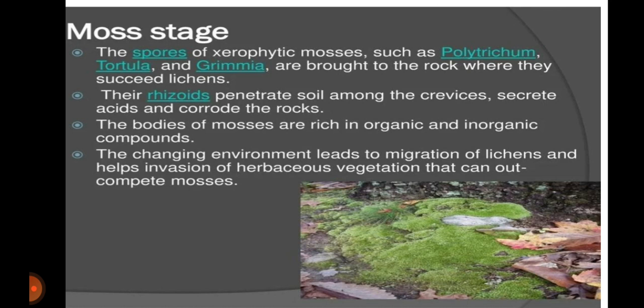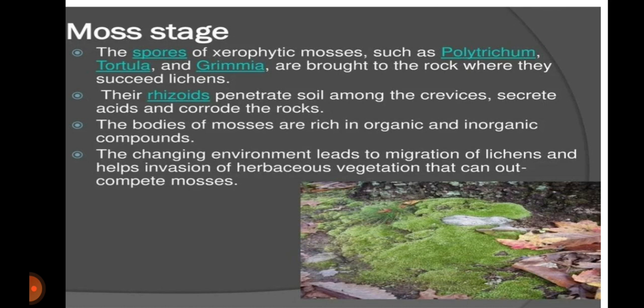They cover the previous lichens and successfully compete with them for water and mineral nutrients. The decaying outer parts of mosses form a thick mat over the rock surface. As the mat becomes thicker, it increases the water holding capacity of the soil.